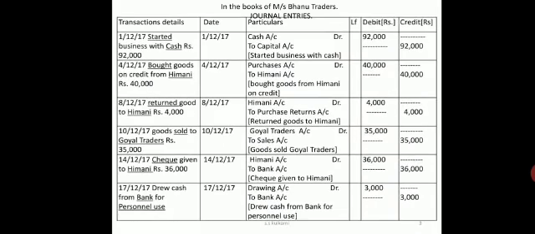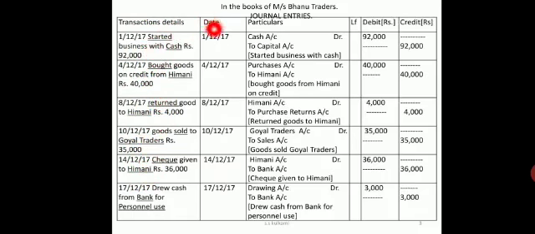Now we have the problem. Along with the problem, here I have given the details of the transaction. This particular column is not essential to be drawn when you are solving a journal. This is just for reference, so you need not draw this particular column.